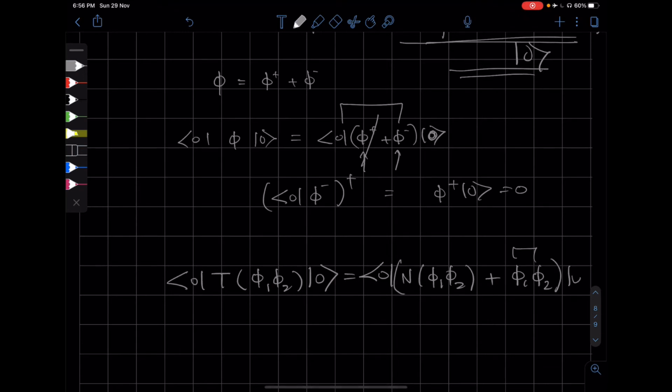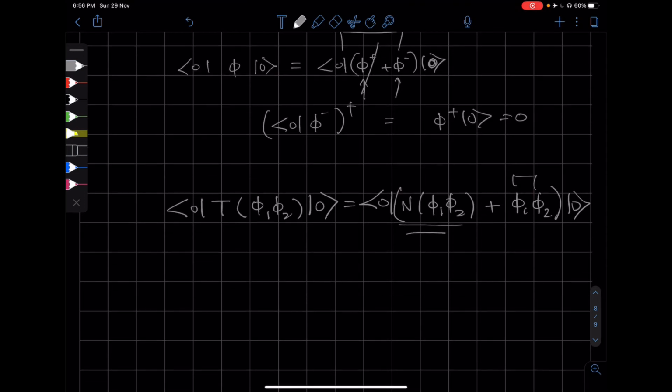But then if I look at this, it is normal ordered, and therefore it either has an annihilation operator on the right, or it has a term where both of the operators are creation operators. But if both of the operators are creation operators, then that will annihilate this term. So either way, this is going to give me 0, and the only term that will survive is this term.